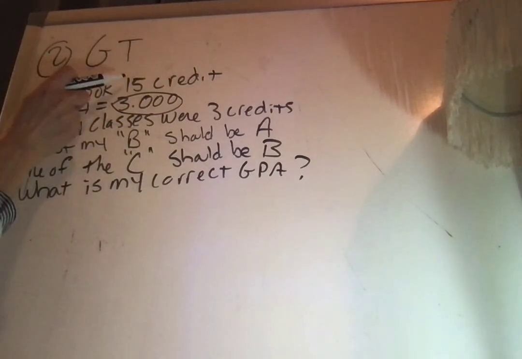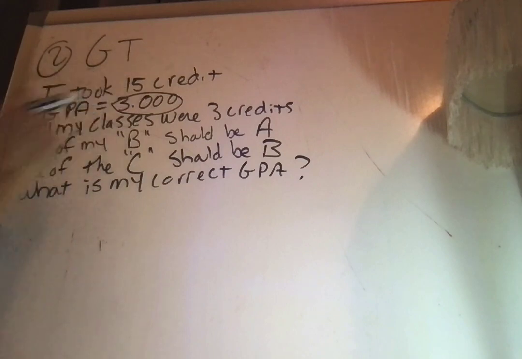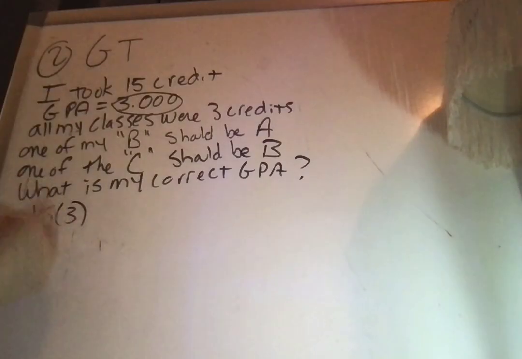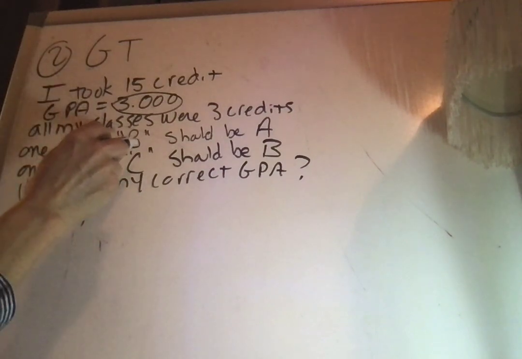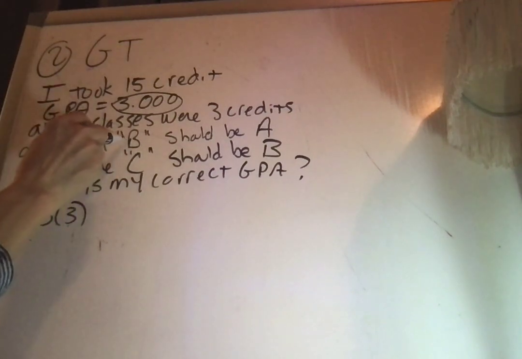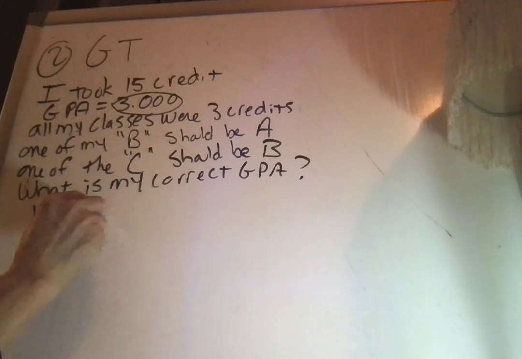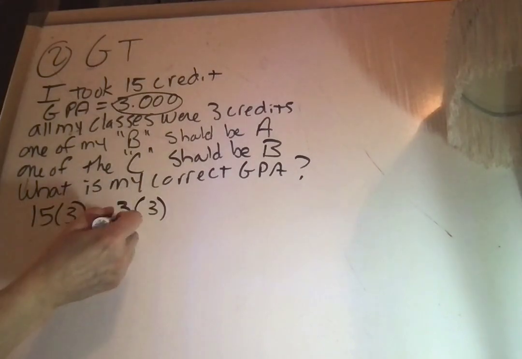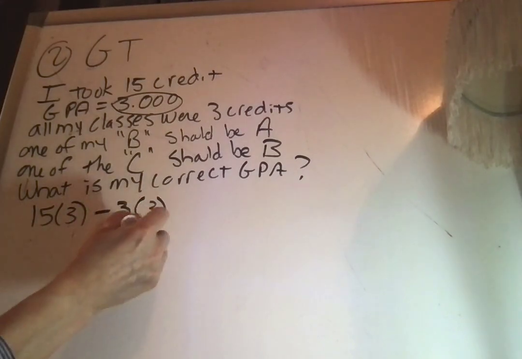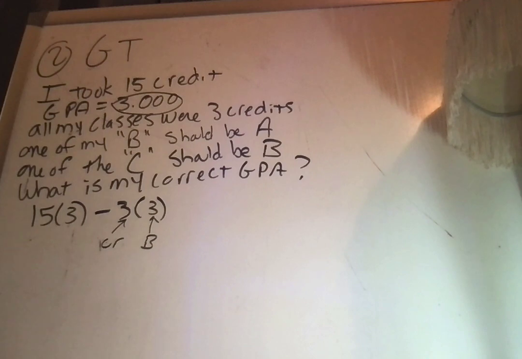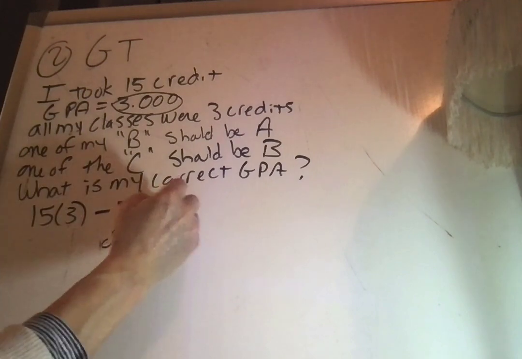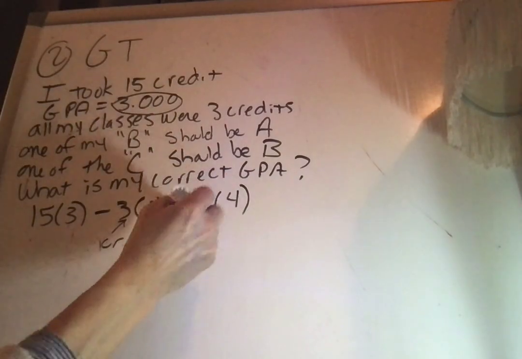Okay, so remember credits is our N, the GPA is the x bar. So getting back to that sum, credits times GPA. I've got to kick out, what am I kicking out? I've got to kick out my B. Remember, a B is worth 3. So that's the credits, and that's that B that I'm kicking out. And I need to put my A in instead.